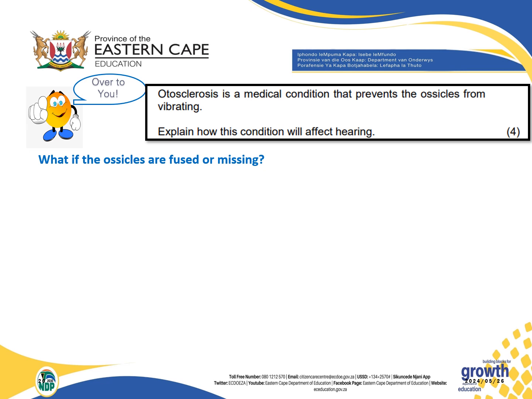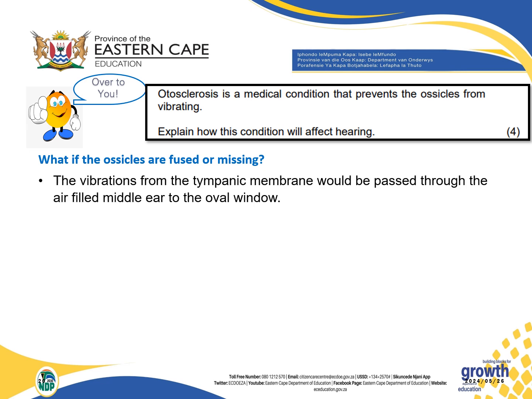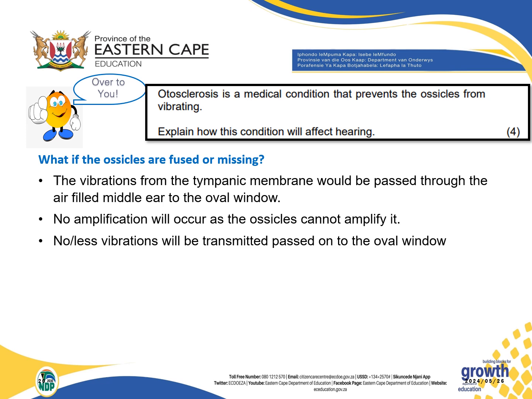Okay, let's have a look at how to explain this. If the ossicles were fused or couldn't vibrate, the vibrations from the tympanic membrane would not be passed through the air-filled middle ear to the oval window. There would be no amplification occurring as the ossicles cannot amplify it.